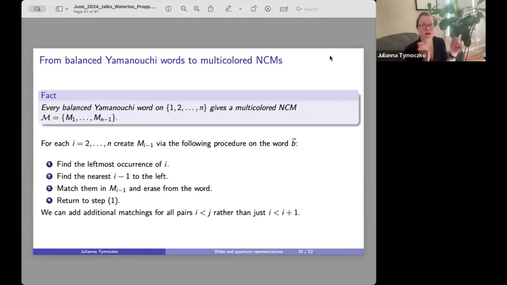The idea is you go through your balanced Yamanouchi word. Every time you see an i, look to the left for an i-1 that has not yet been matched, match them, erase, and then repeat. So we're going to just keep matching, imposing the non-crossing condition, and matching repeatedly.